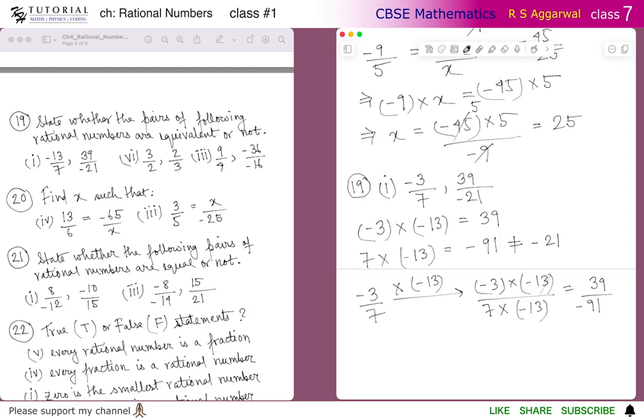And 39 by minus 91 is definitely not equal to 39 by minus 21. So definitely they are not equivalent.